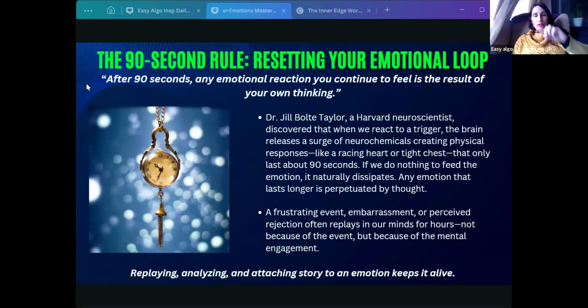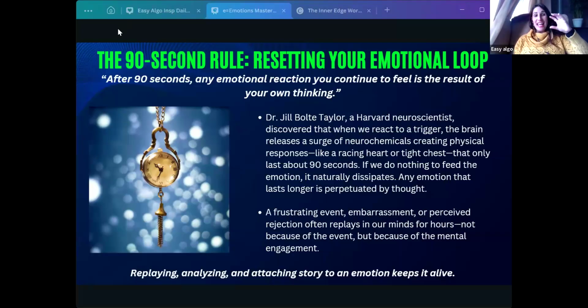What she found through so much data was that it actually only takes 90 seconds for an emotion, by the definition I gave earlier, all those neuropeptides that are flooding through the body, 90 seconds to move through the body. Okay, let that sink in for a second.